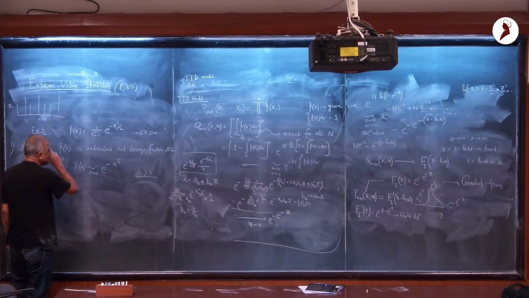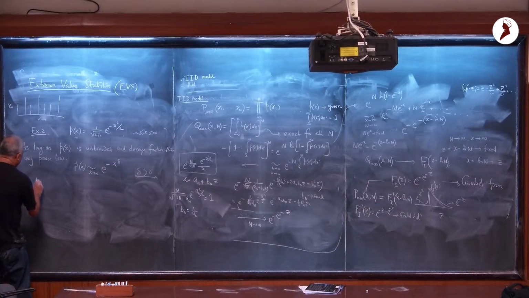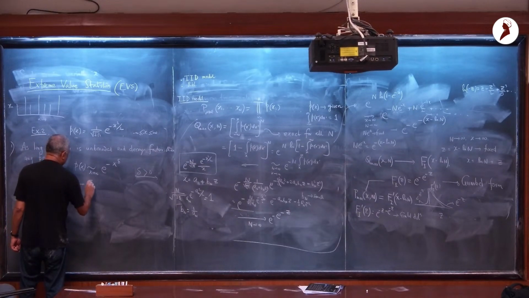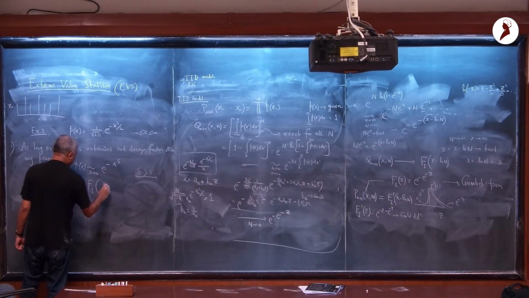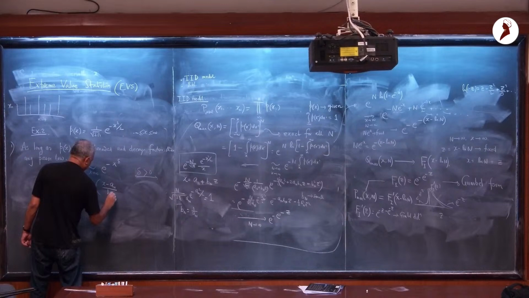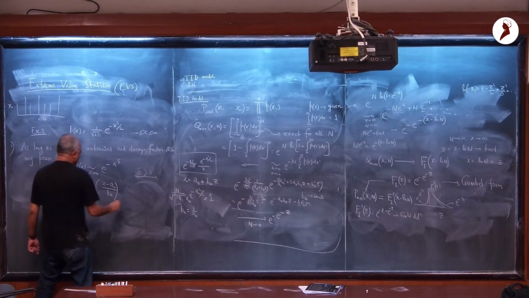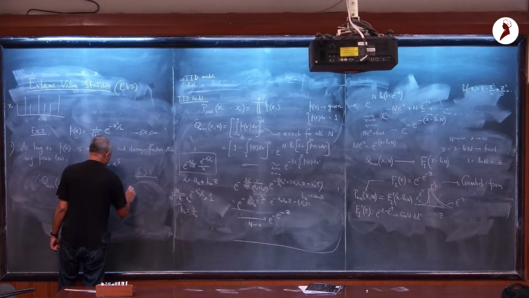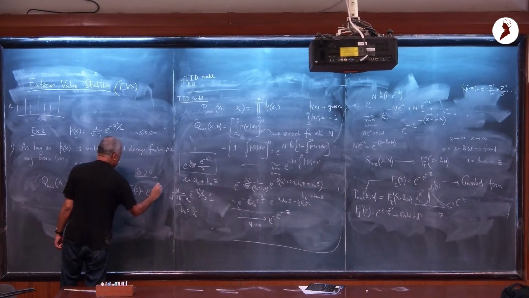So for any P of x which has a fast decaying tail like that, the cumulative distribution Qmax of x comma n converges into the scaling form, where this phi is a universal function, and this is the Gumbel form.